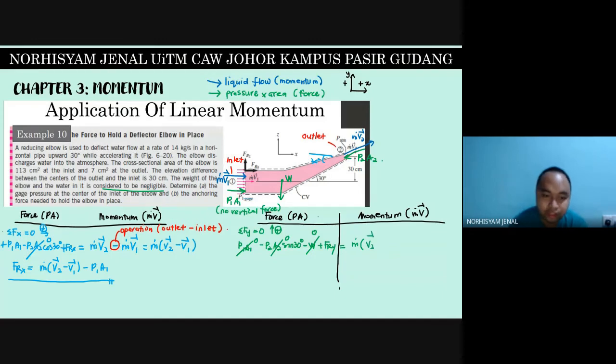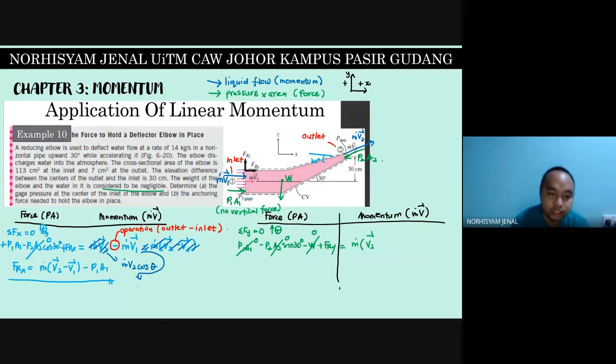Okay, before I forget here, I'm making a mistake. All right. Thank you, Jennifer. Let me clean this up first. So make sure you double check it again. This should not be m dot v2. It should be m dot v2 cos theta. Sorry, it's my fault.